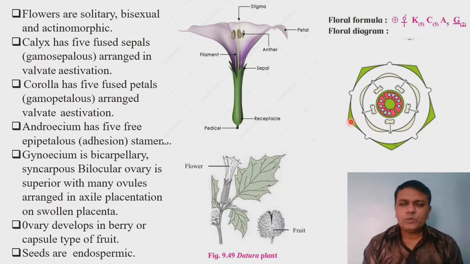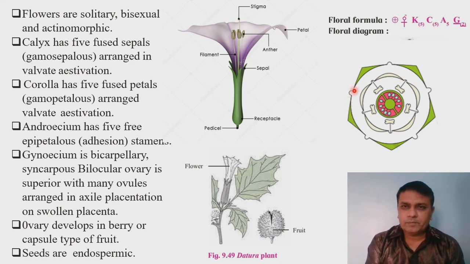So a total of 5 sepals are present. These are green in color and protect the inner floral whorls, and as they are green in color, they carry out photosynthesis. Similarly, the sepals are fused. Here we can see the sepals are fused.